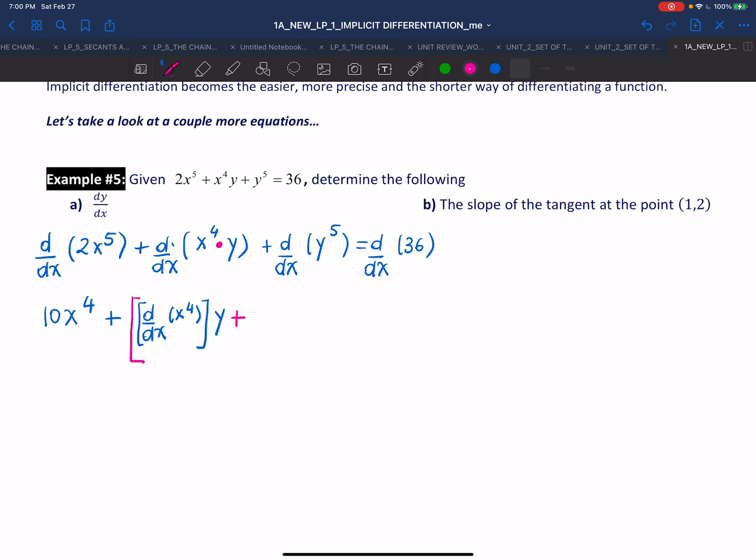So the derivative of y times the other factor, x to the power of 4. I'm going to close the brackets in here. So what we just did was differentiate this term here.